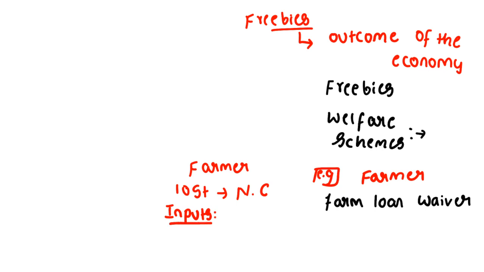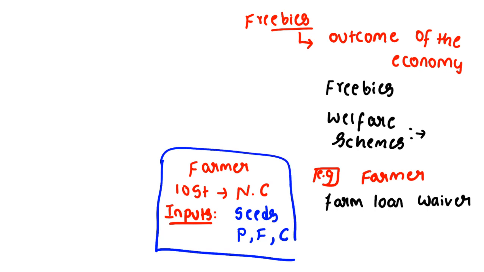Inputs are nothing but seeds, pesticides, fertilizers and all this, and inputs include some credit. So these things will definitely help the farmer to become a productive person. But if you do the farm loan waiver, the amount that the farmer got would be spent in an indiscriminate manner. Clear? So these are the things that one has to consider.